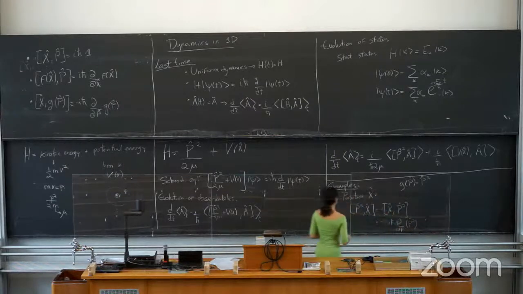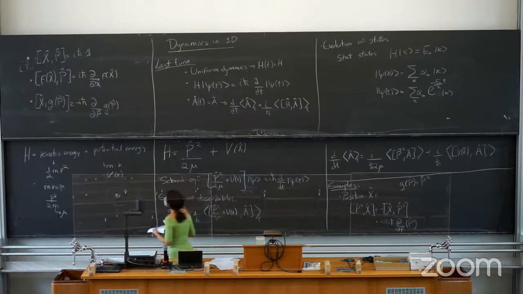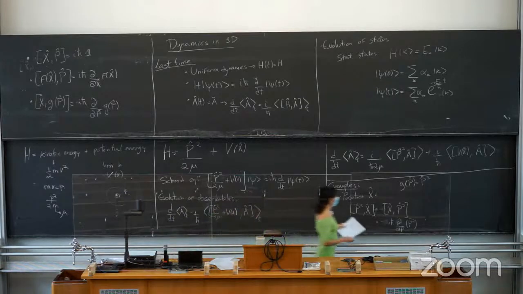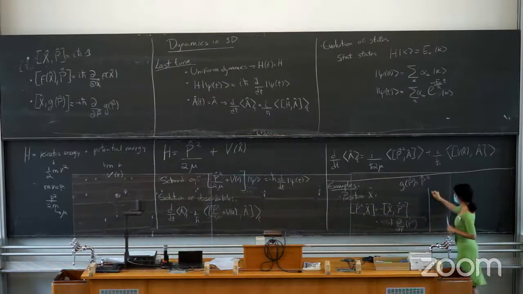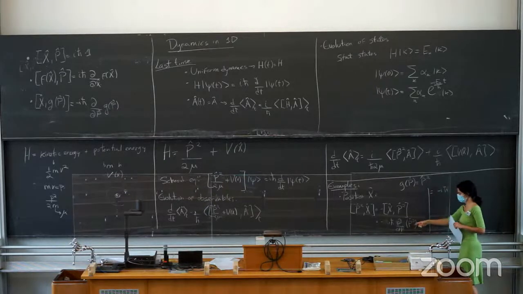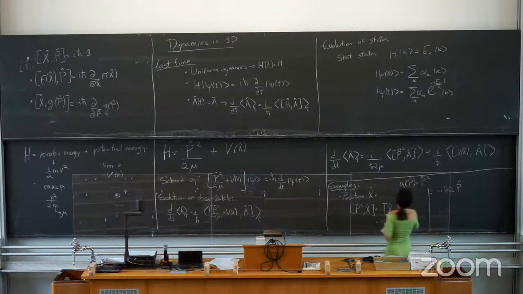Is that the right sign? Yes. And that's just minus iħ times the derivative of p squared with respect to p, which is just 2p. So that's this commutator, and now we need to do this commutator.